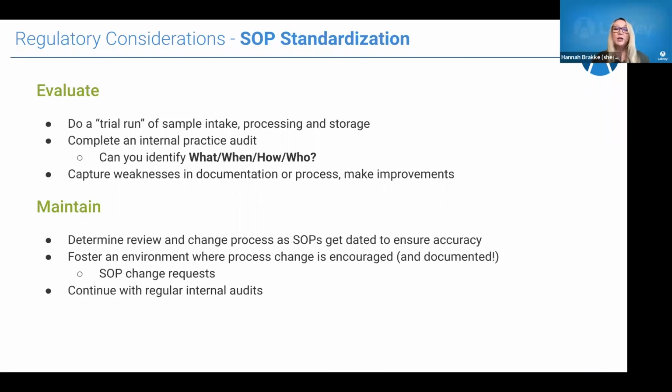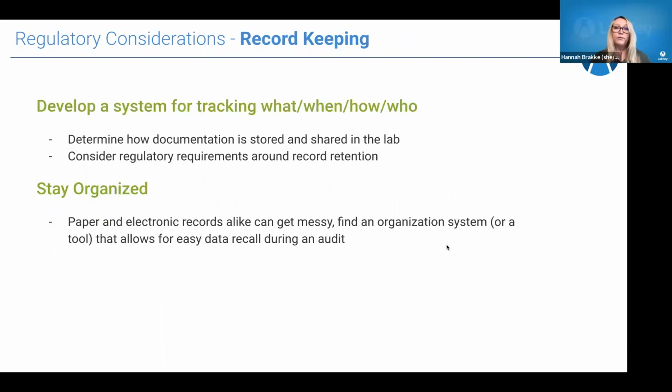And then also continue with those regular internal audits. The best way to be prepared for an external audit is to have those on a regular basis, to make sure that things are running in the lab smoothly. And then that record keeping component.